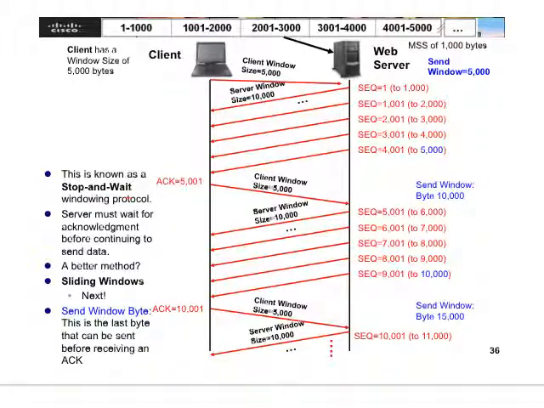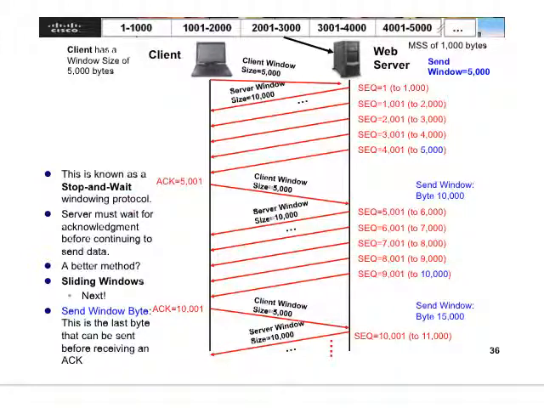So this concept is what we call stop and wait, which means that when I know the window size, I can send you 5 segments and then I stop. Okay? And then I have to wait for the acknowledgement. And the acknowledgement will tell me, okay, you have received all of them correctly. Then I send another 5 segments and then stop.